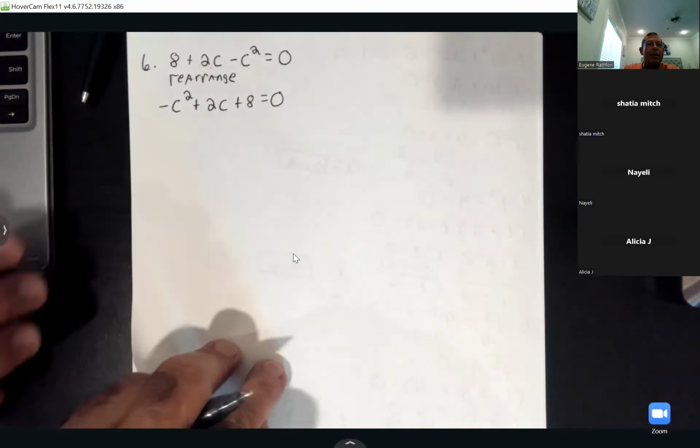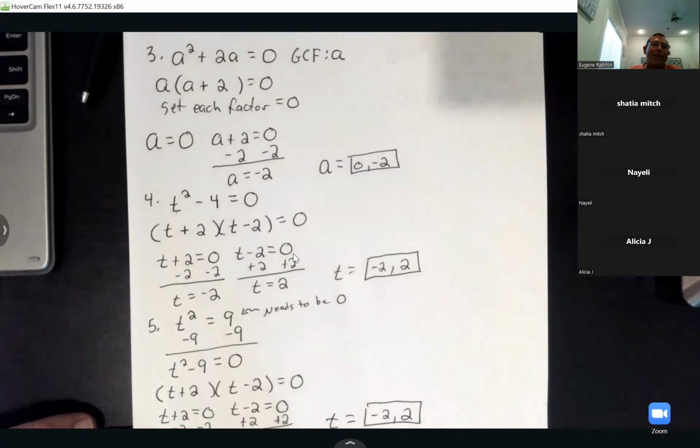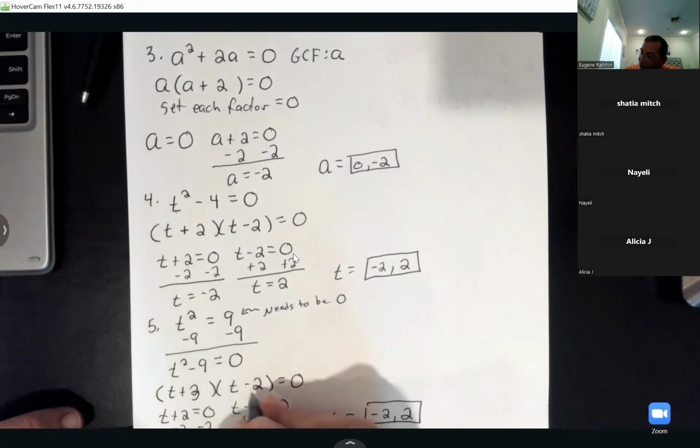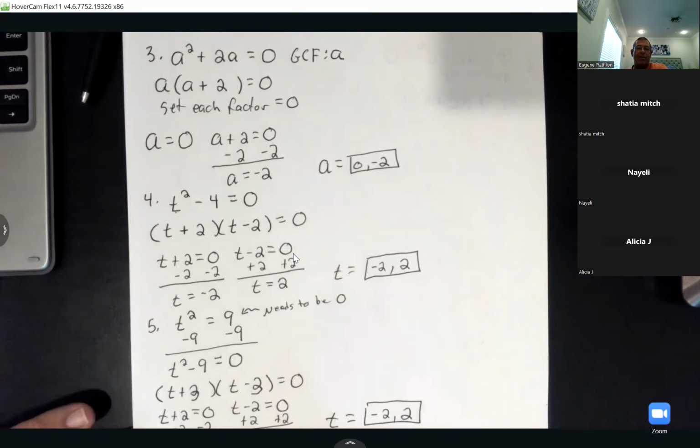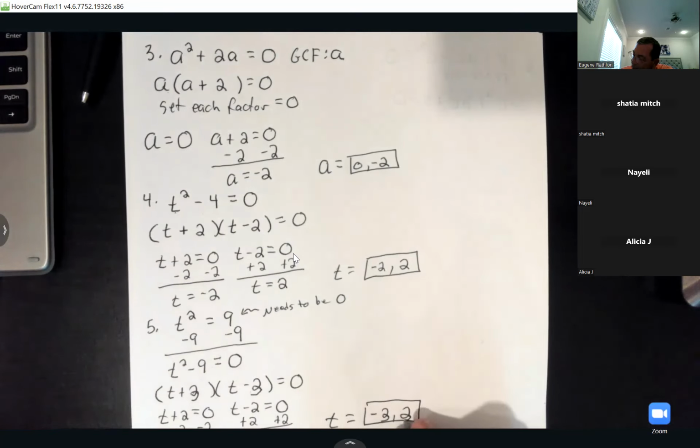Oh, let me see what y'all said on 5. Let me turn that back over. Oh, y'all, good job. 5 should have definitely been 3s. I wasn't paying attention. That was a 9 there, so this would have been a t plus 3 and a t minus 3. So these answers would have been a -3 and a +3.